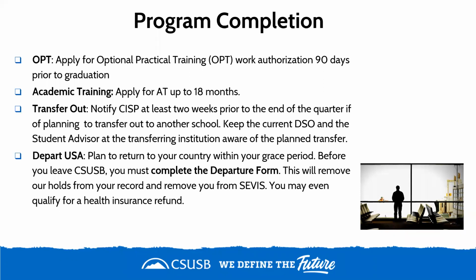Or if you don't want to work in the U.S. after graduation and you don't want to go to a higher level to continue your education, you can simply go home. F1 students do have 60 days to depart the U.S. once they have graduated. J1 students have 30 days to depart the U.S. after graduation.